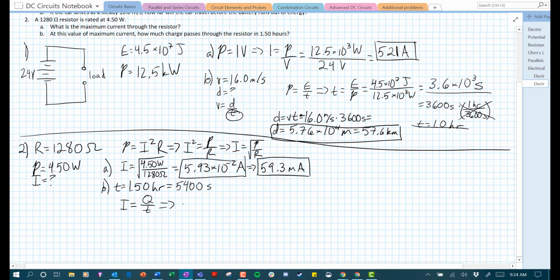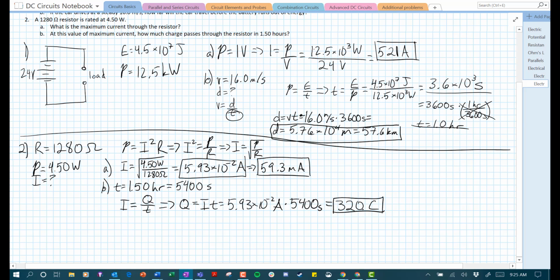So the total charge that passes is just current times time, or we could say 5.93 times 10 to the minus 2 amps times 5,400 seconds. I'm getting 320 coulombs of charge in that amount of time.